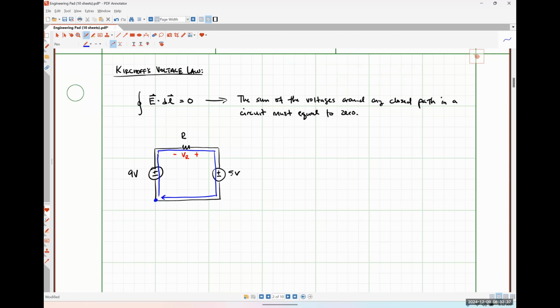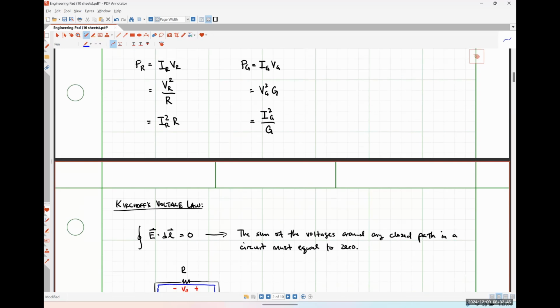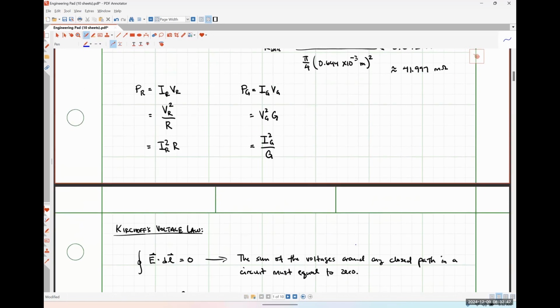Actually, I forgot to talk about something related to resistances, so let's do that real quick. So short circuits and open circuits.